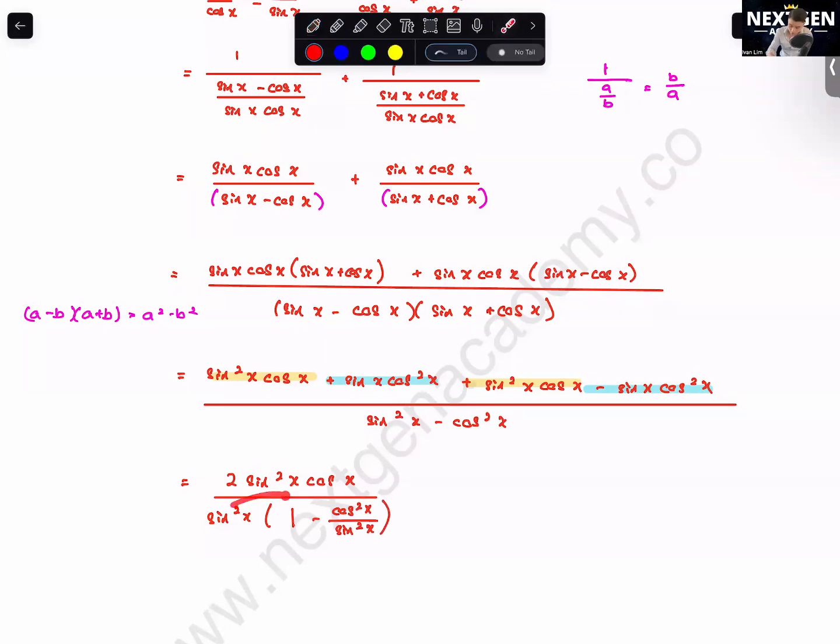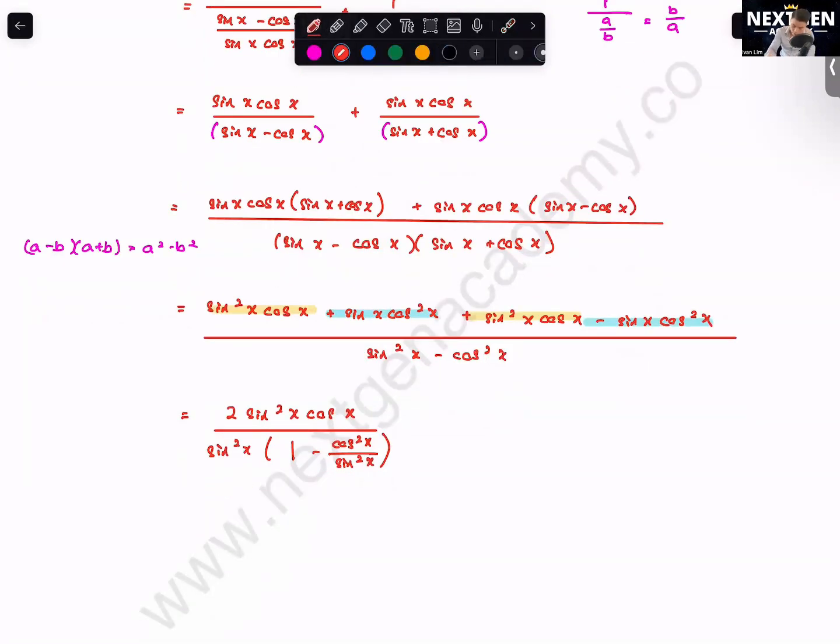Because you see here, if I multiply this one I'll get sine square. If I multiply this, the sine square and the sine square here will cancel off. Got it? Okay, so here, when you got sine square and sine square, this one cancels. So it will be 2 cos x over 1 minus cotangent square x.